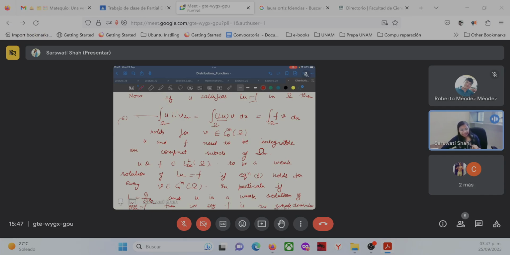So remember this definition when we call it a weak derivative. Every time we define a weak derivative, it will not be defined automatically. It will be defined in terms of the integration. So f will be called a weak derivative of u when this integral quantity is satisfied. This is the weak derivative definition which we are going to use.